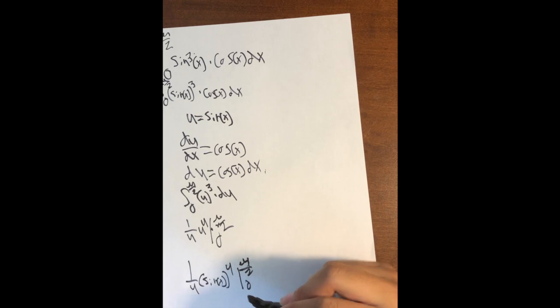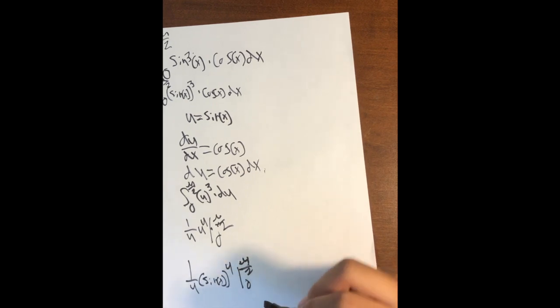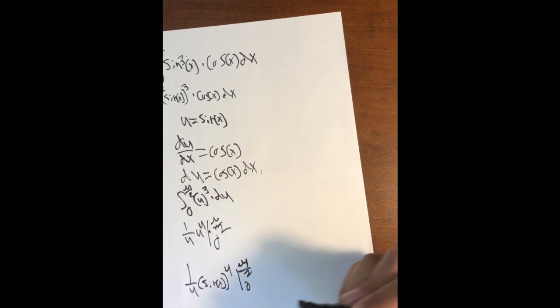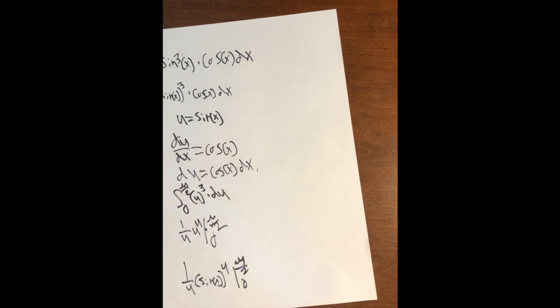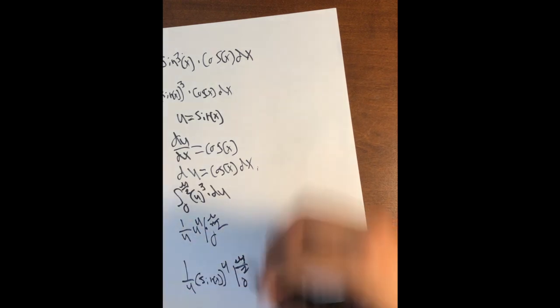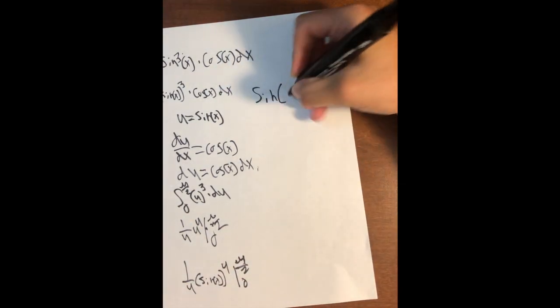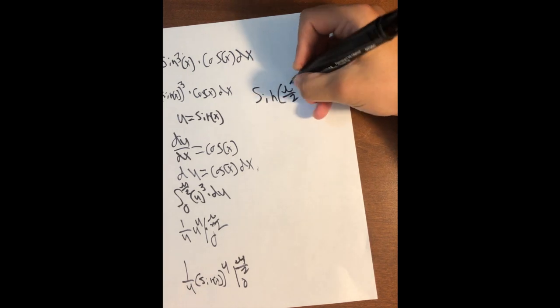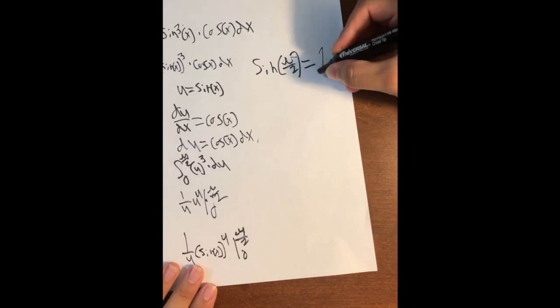And because we have bounds on this, we take the biggest bound, subtract the smallest. Now, sine of 0 is 0, and 0 to the 4th times 1/4 is 0, so we only need to worry about sine of pi halves, which is equal to 1.